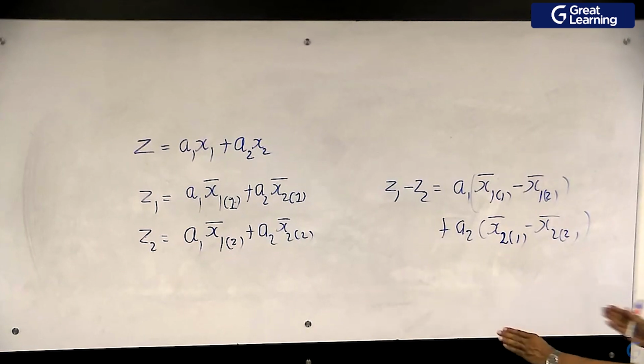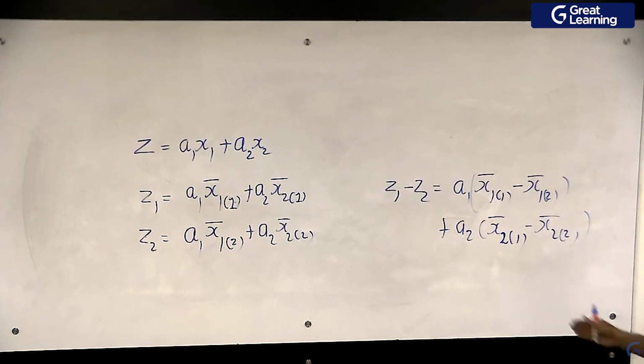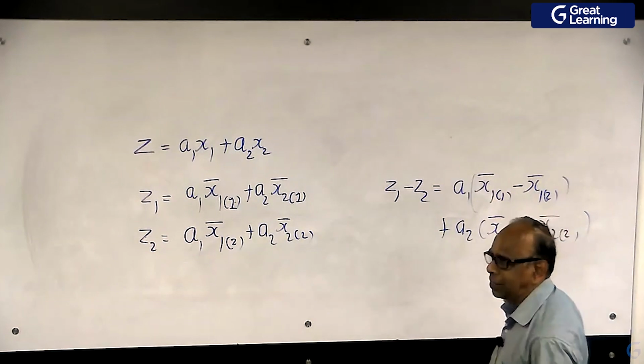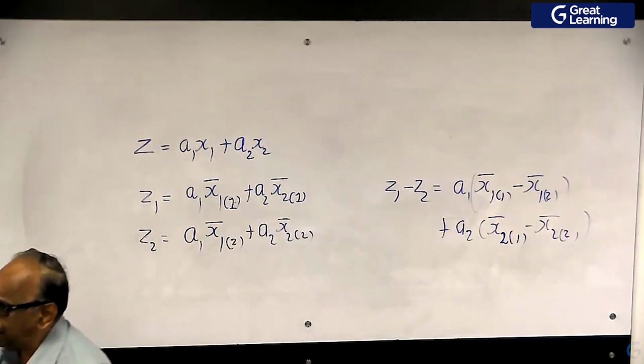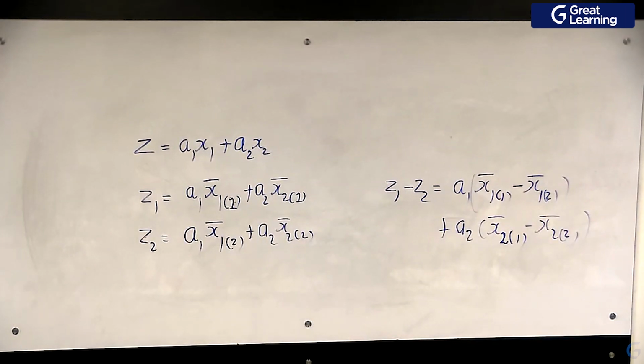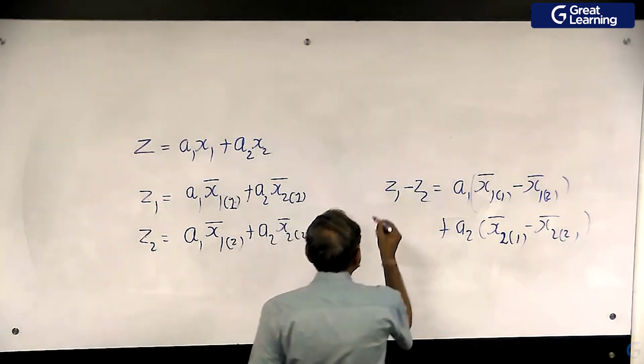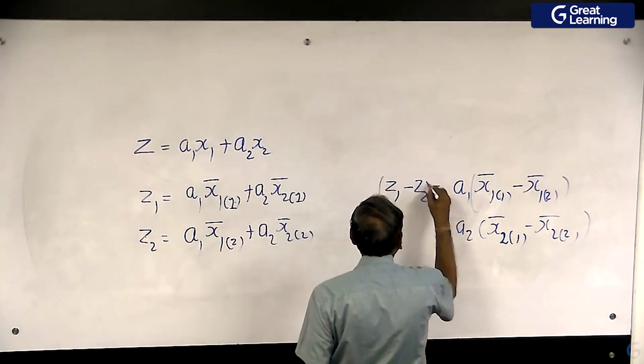Now the distance between the two must be the largest. That means this must be the largest. But then I have a problem. I'll have to take the absolute value of the distance, because the distance can be negative. Am I right? But what Fisher does is, he is saying distance square.